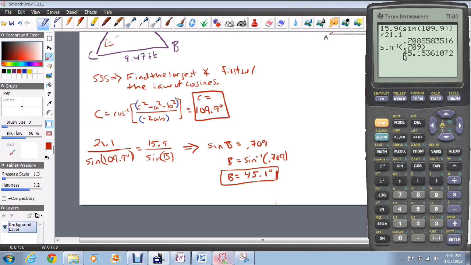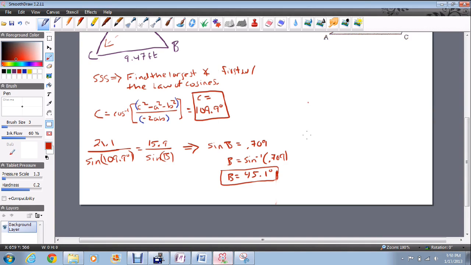Really, we should round this to 45.2, but as long as you're pretty close, that's completely fine. And then, again, I'm going to add the two angles that we have, C and B, together, subtract them from 180, and we get angle A is equal to 25 degrees. So we have all the missing pieces.